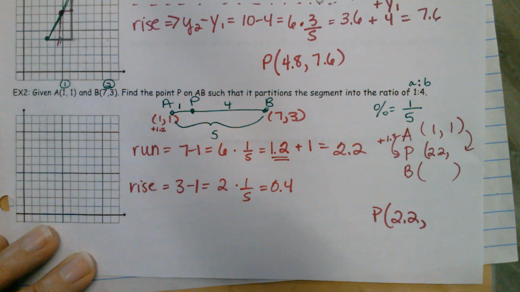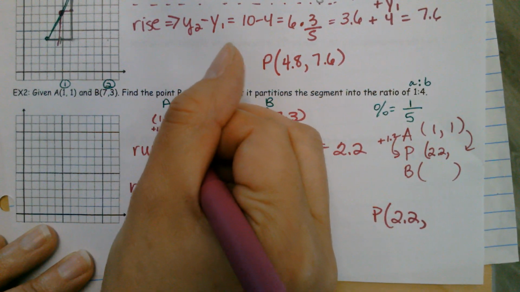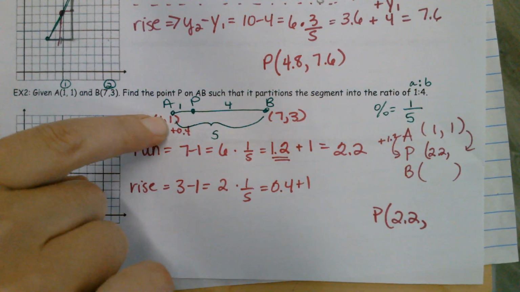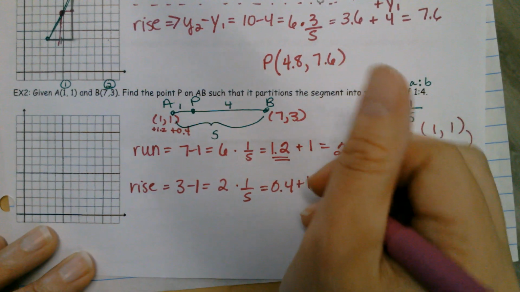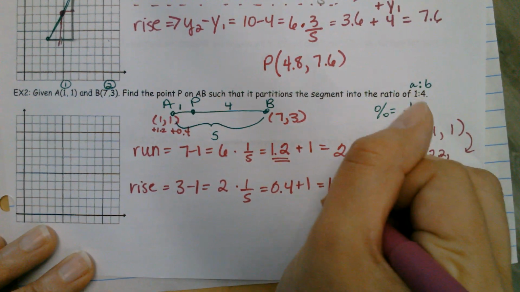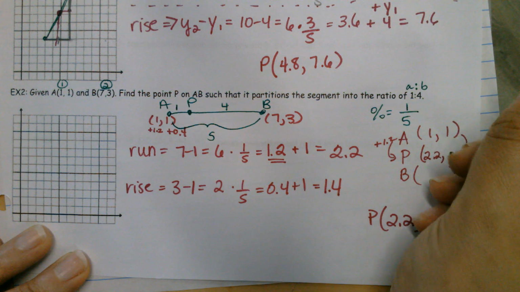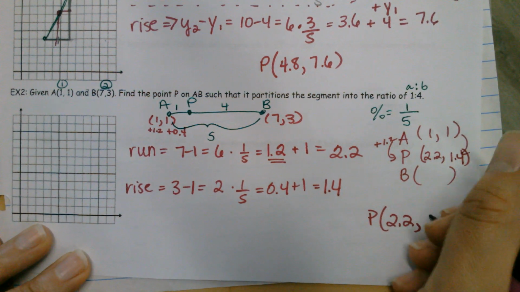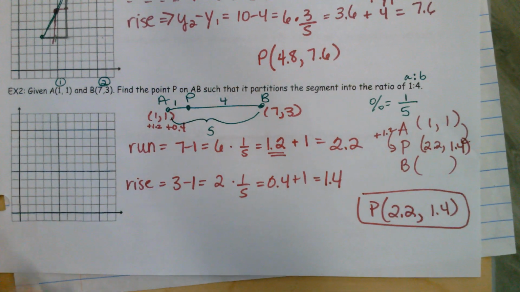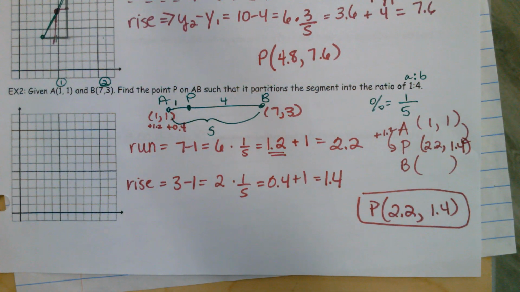And then again, you're going to add that to the 1. So I'm just going to add my y1, which is right here. Which gets me 1.4. So that's my partition point, 1.4.